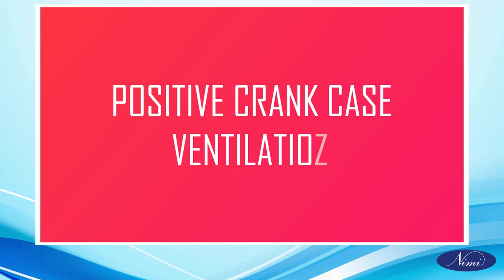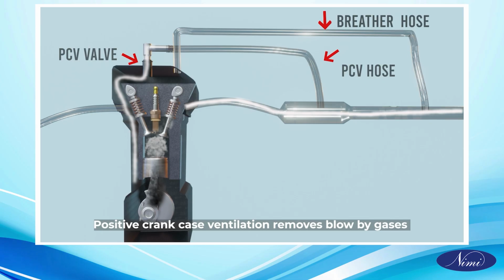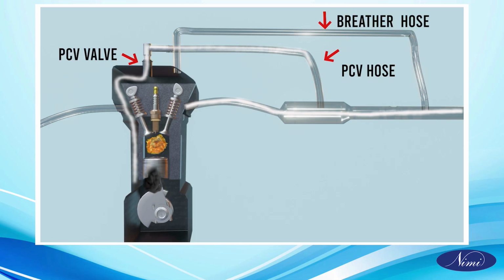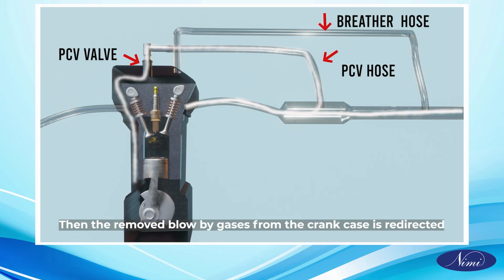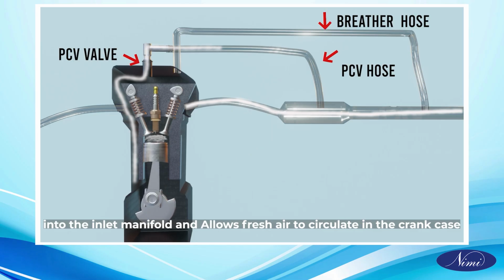Positive crankcase ventilation removes blow-by gases, which contain HC, from the crankcase. Then, the removed blow-by gases are redirected into the inlet manifold, and fresh air is allowed to circulate in the crankcase.